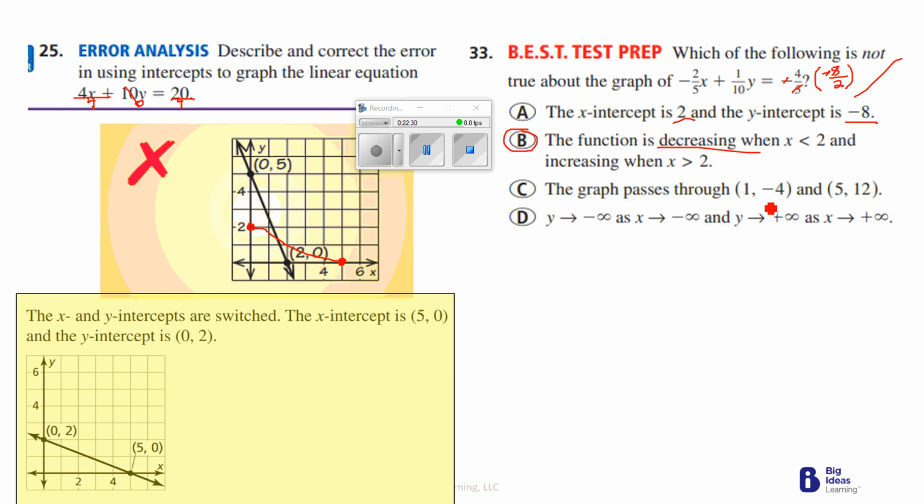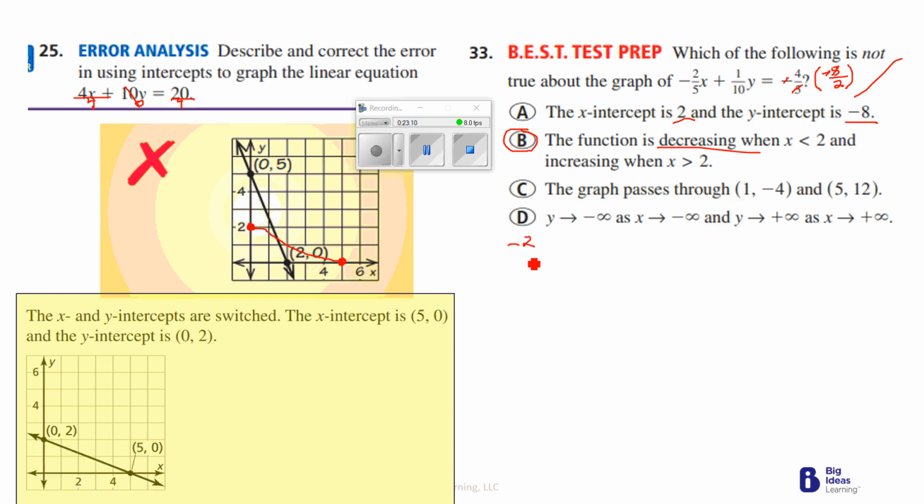The graph passes through 1 and -4 and 5 and 12. Let's see if I graph this. If I made x 1 and I made y -4, okay, this would put this at, well, -2 over 5 plus, this would be -4 over 10. I'm going to have to write that out here. There we go.